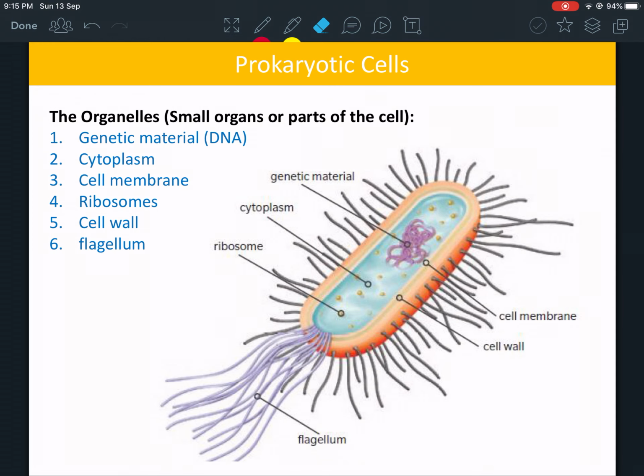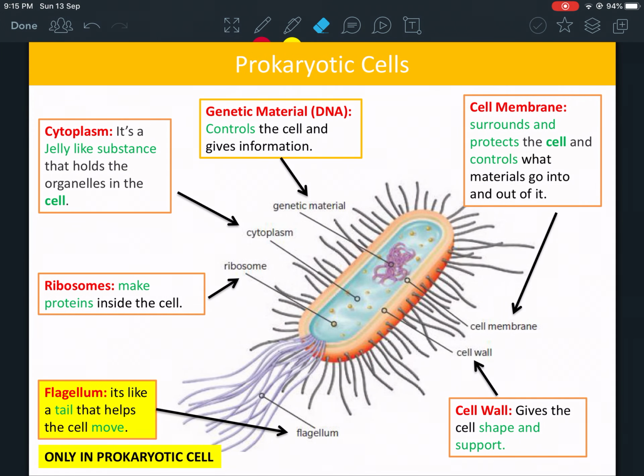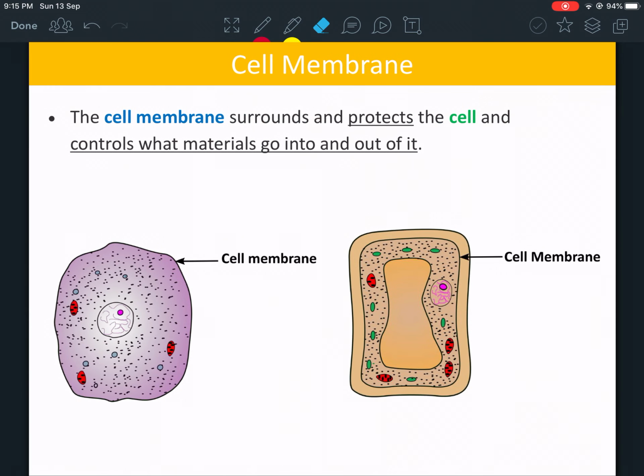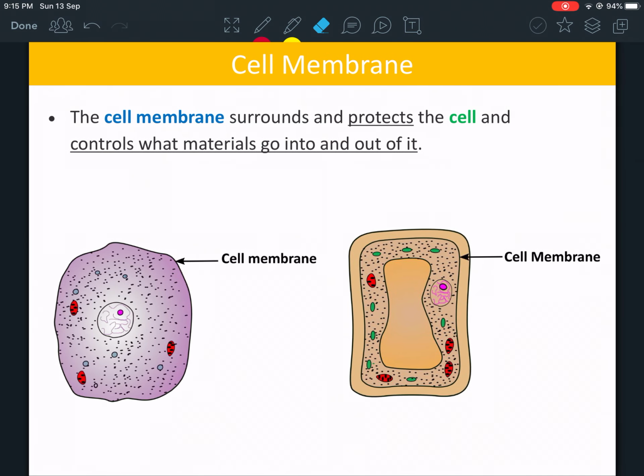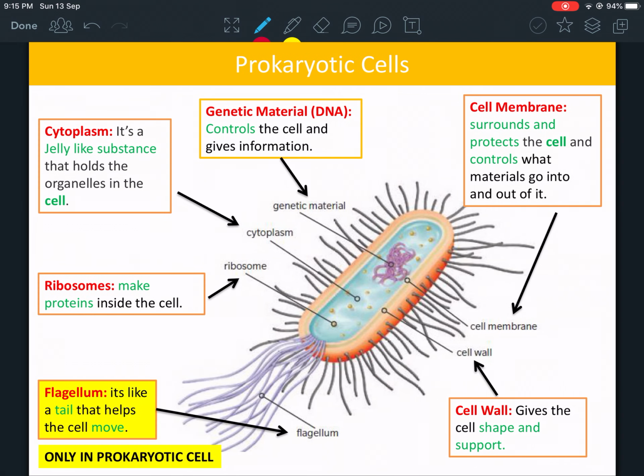Okay, now let's talk about each one. So what I did was I made a summary. Okay, I made a summary of everything and you'll be able to know everything, but we're going to go in detail one by one. So the first one is the cell membrane. Cell membrane, which is the one out here. Cell membrane surrounds and protects the cell and controls what materials go in and out. Okay, so let's look. This is the cell membrane.